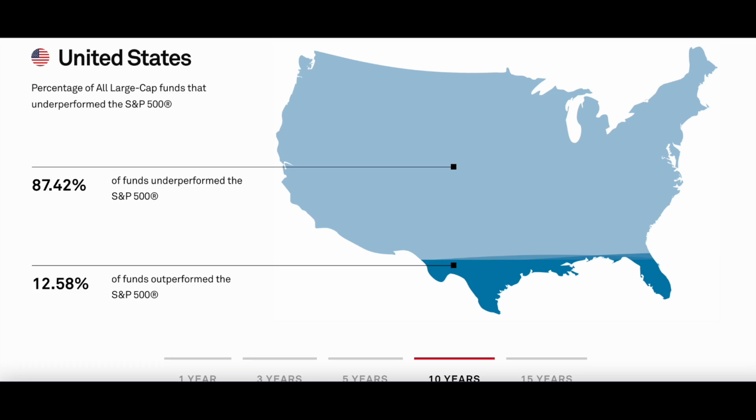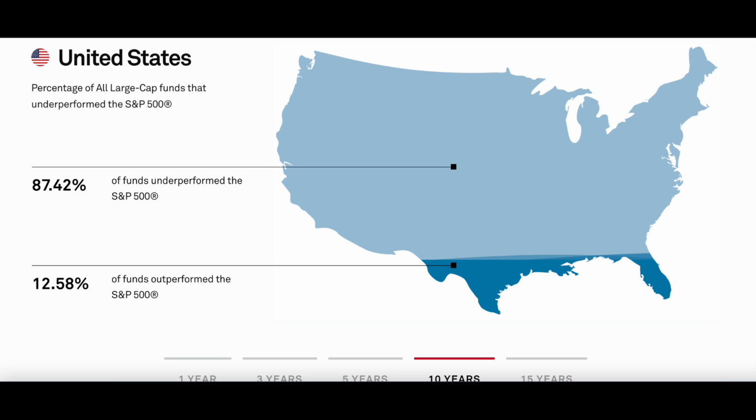By owning a FTSE All-World ETF, you are reducing the amount of research that you would have to do if you were trying to invest in, say, for example, individual stocks and shares. Research has shown time and time again that actually investing in an ETF or an index fund is often a much better way to go. Sample research from SPIVA has shown that over 10 years, 87.42% of actively managed funds have underperformed the S&P 500.